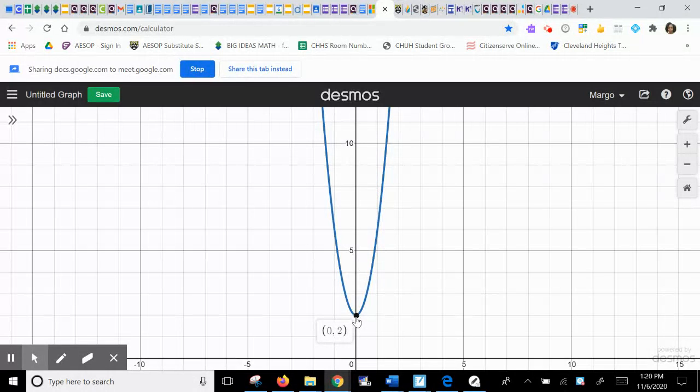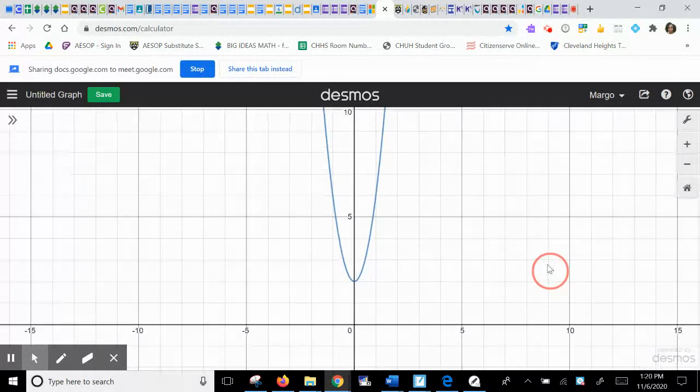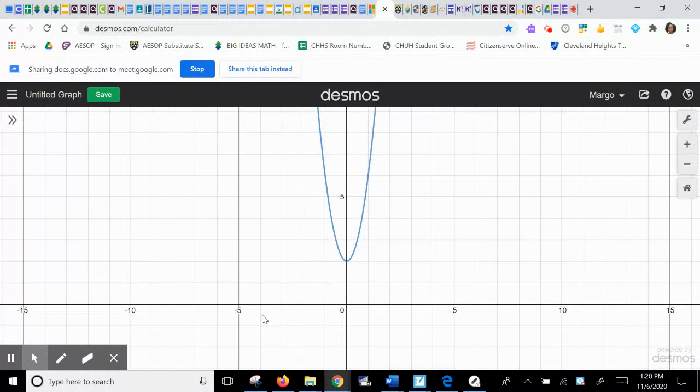The y-intercept is the same as the vertex. That happens sometimes, because the vertex is the same point as where our parabola touches the y-axis. This parabola does not touch the x-axis at all. And if that's what you have in any of your problems, then you'll say no x-intercept. So for x-intercept, you would put none.